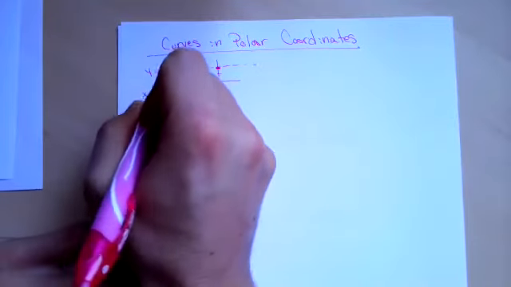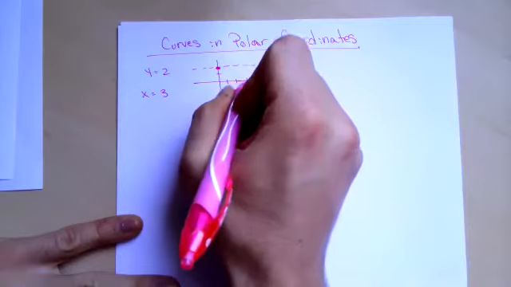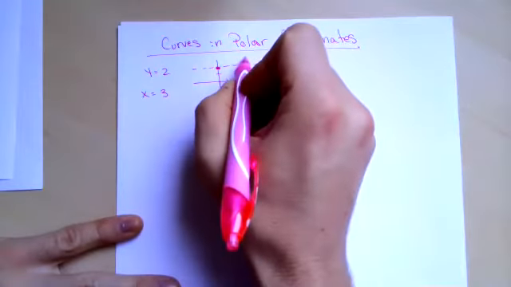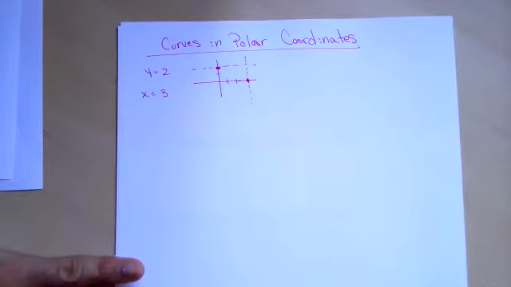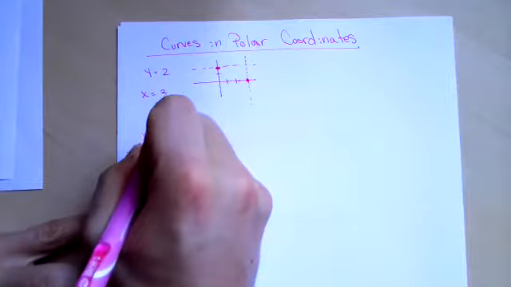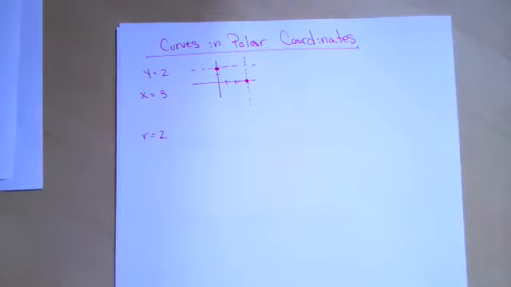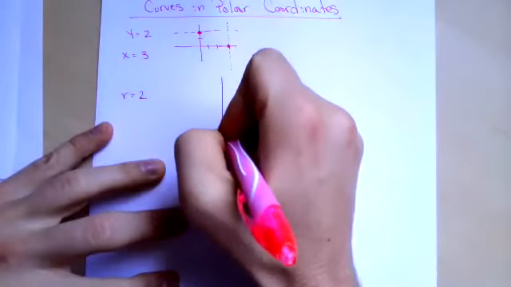Conversely, if I said x equals 3, I count over to 3 on my x. This is where x has to be, and y can be anything. So we get that line. What about r equals 2? How's that going to be drawn?